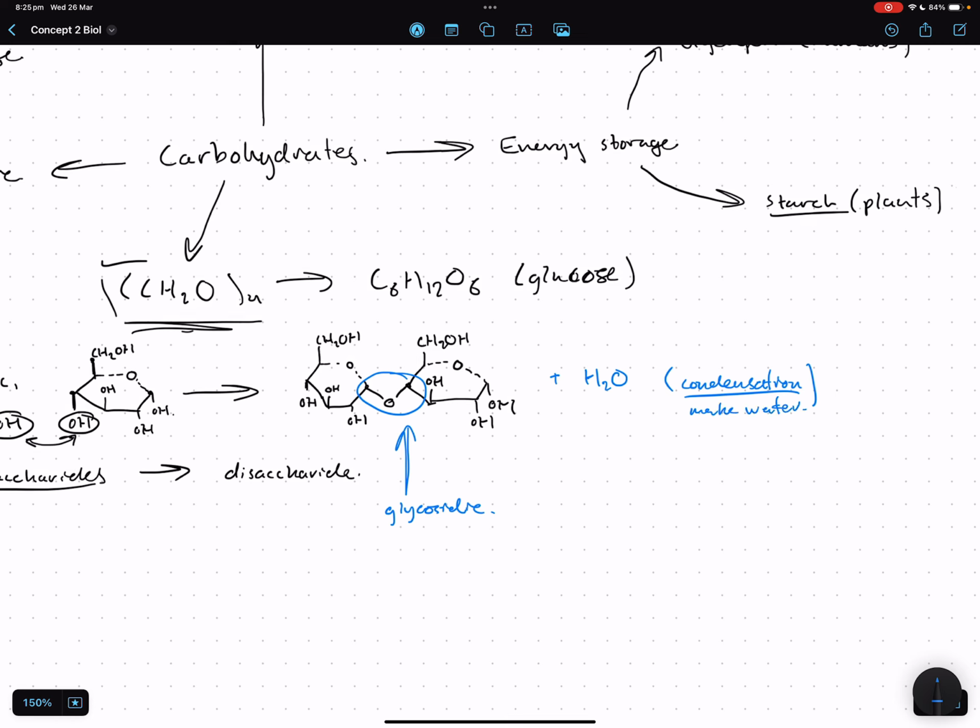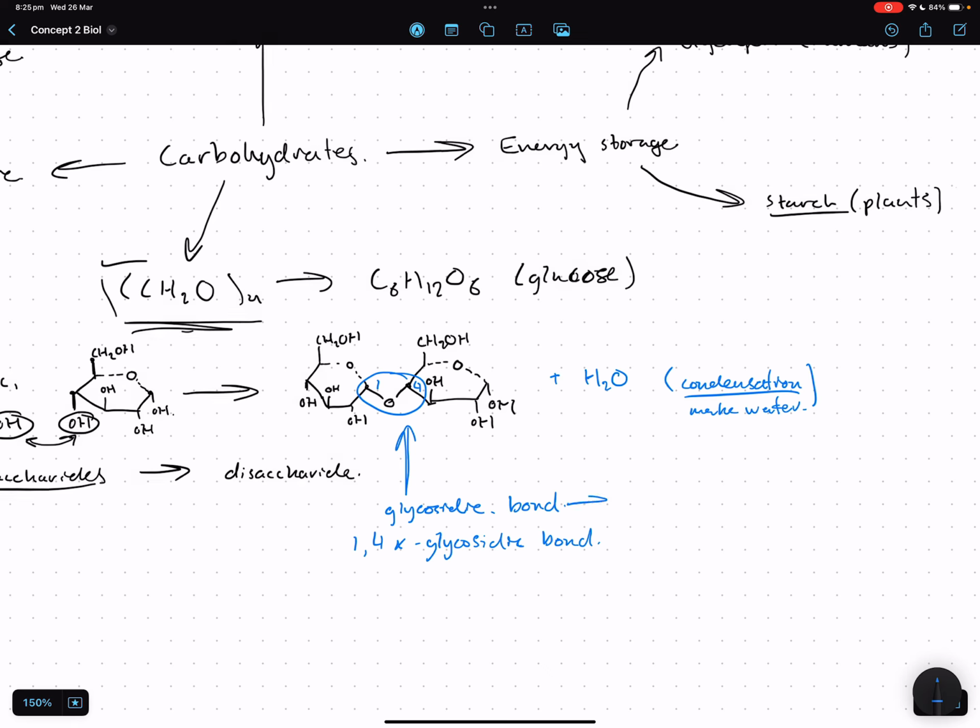Cool. So glycosidic bond, it's a 1,4 alpha glycosidic. And that indicates the carbon number, because this is carbon number 1 and this is carbon number 4. Yep, nice.